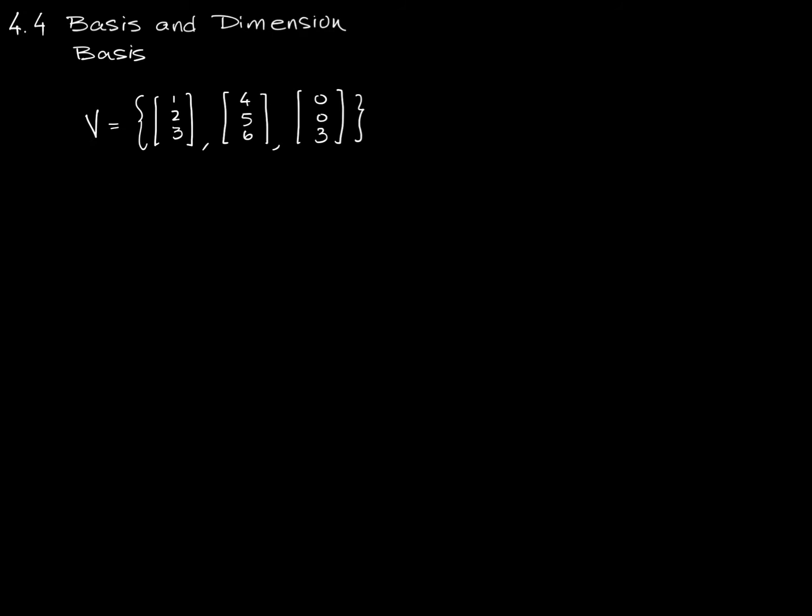We'll do the test for linear independence first, and that is to say, does the system of equations that produces this matrix have more than the trivial solution? If it has only the trivial solution, then our vectors are linearly independent.